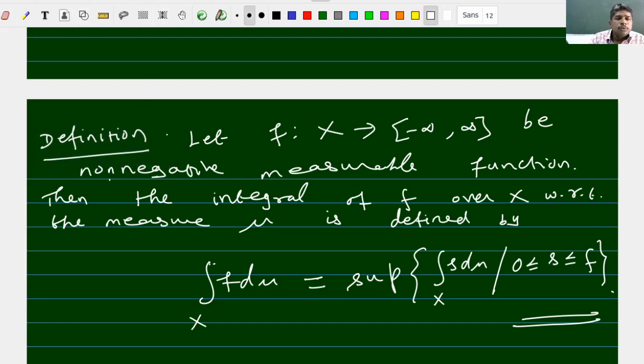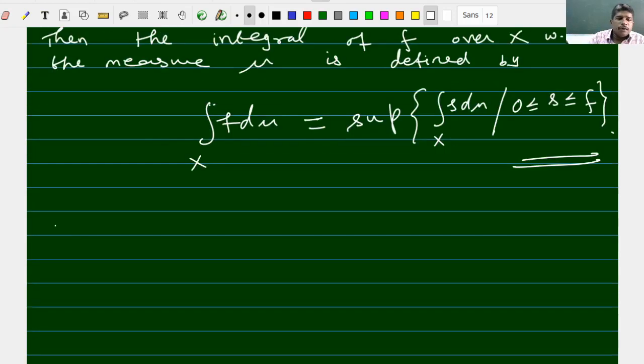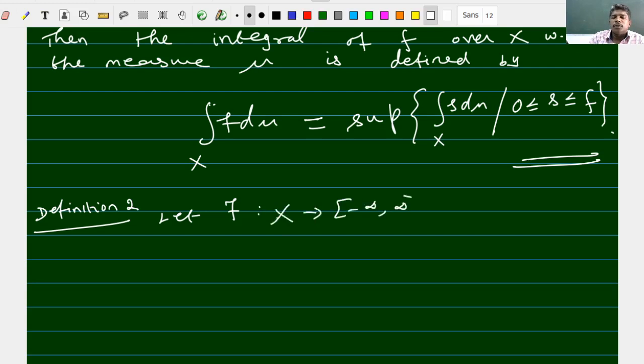So this is definition 1. Now the equivalent, second definition. Let f be a non-negative measurable function from X into [0, infinity].